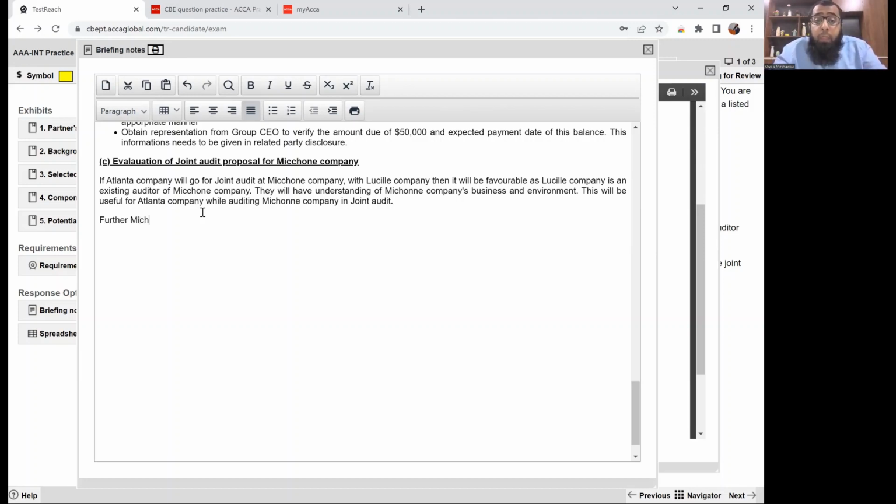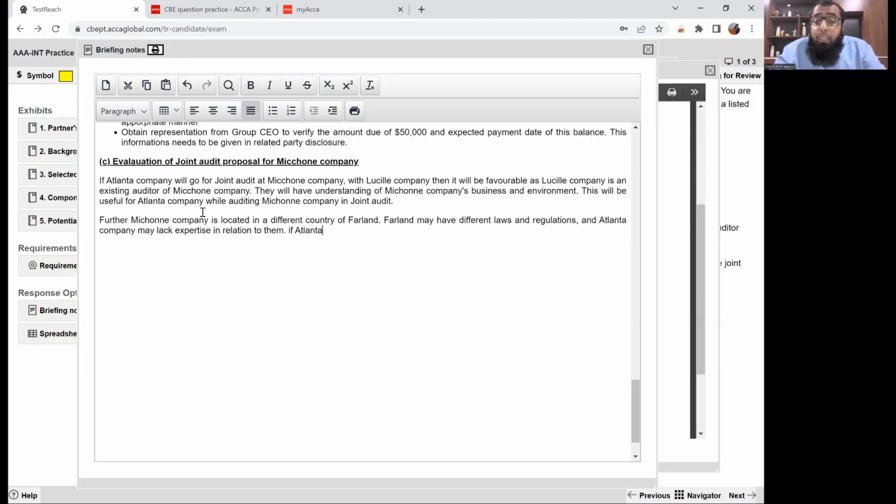Further, Mikon company is located in a different country, Farland. Okay, Farland may have different laws and regulations, and Atlanta company may lack expertise in relation to them.